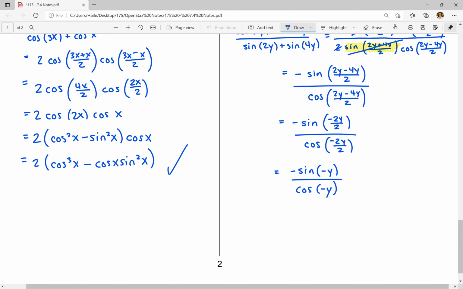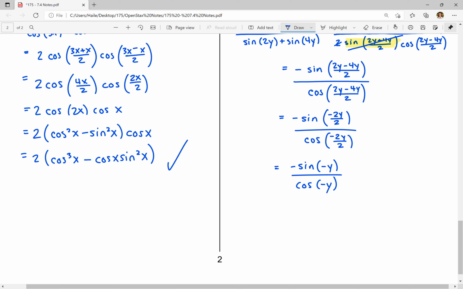And so now I need to think about what happens to each of sine and cosine when we have negative angles. So sine is odd, so that means we can pull negatives out. So what's going to happen on top is I'm going to have negative times negative sine, which just makes the sign positive. So the top is just going to turn into the sine of y. And then on the bottom, cosine is an even function.